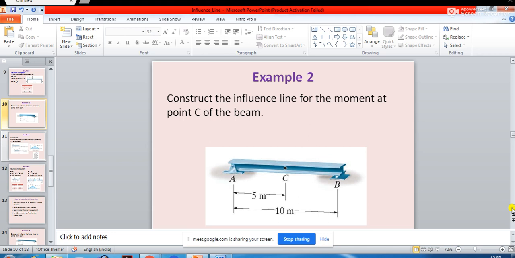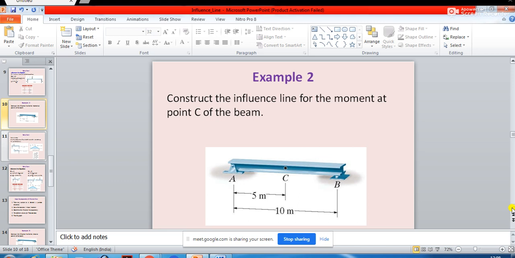So a dimensionless unit magnitude of load we were passing through the beam, and at different positions of the load, whatever reaction is generated at support A, if we plot it, that is the influence line diagram for reaction at that support.